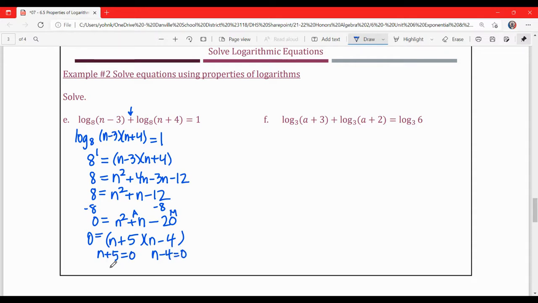So this one solves by subtracting, so n equals negative 5. This one solves by adding, so n equals 4. Check and see if you plug that number in, if it makes it negative. So if I plug negative 5 in, negative 5 minus 3 is negative 8. That's a no-go. That's extraneous. If I plug 4 in, 4 minus 3 is 1. 4 plus 4 is 8. They're both positive, so my answer is n equals 4.